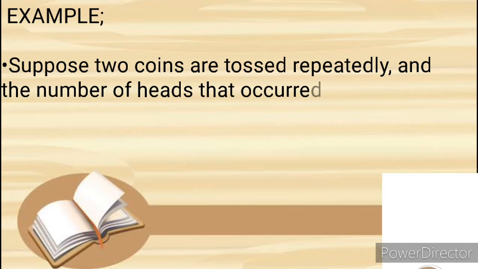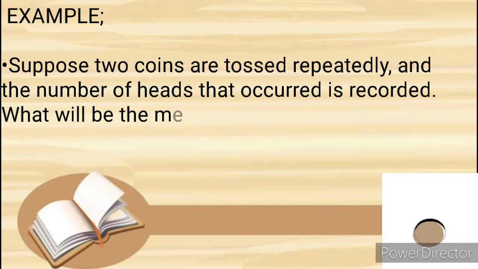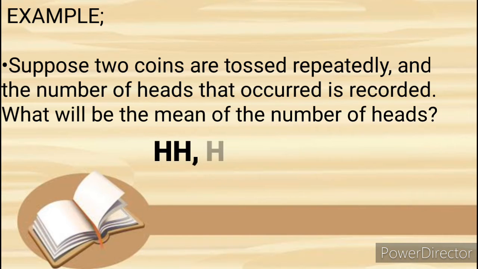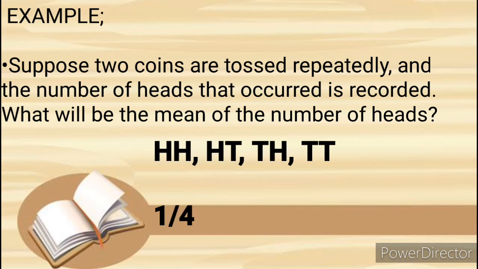Suppose two coins are tossed repeatedly and the number of heads that occur is recorded. What will be the mean of the number of heads? The sample space in the example is head-head, head-tail, tail-head, and tail-tail, and each outcome has a probability of 1/4.